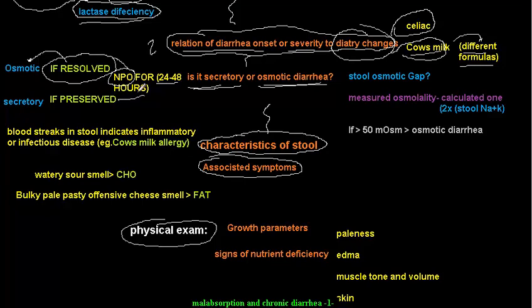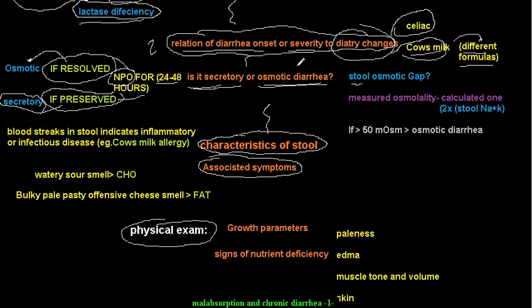So if you stop the food administration, it will resolve. If you stop the food administration for 24 to 48 hours and you still have diarrhea, it is secretory diarrhea. It's not about food, it's about other things.